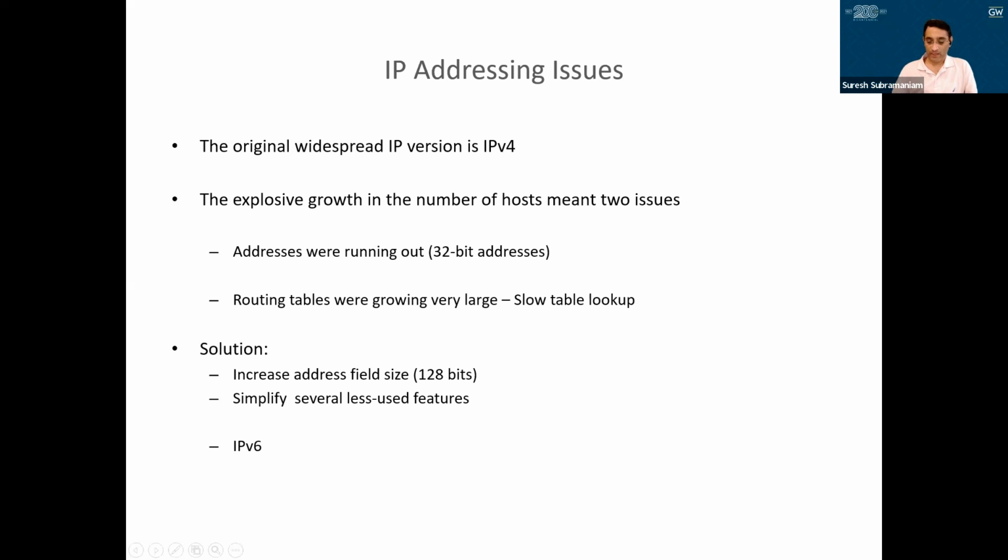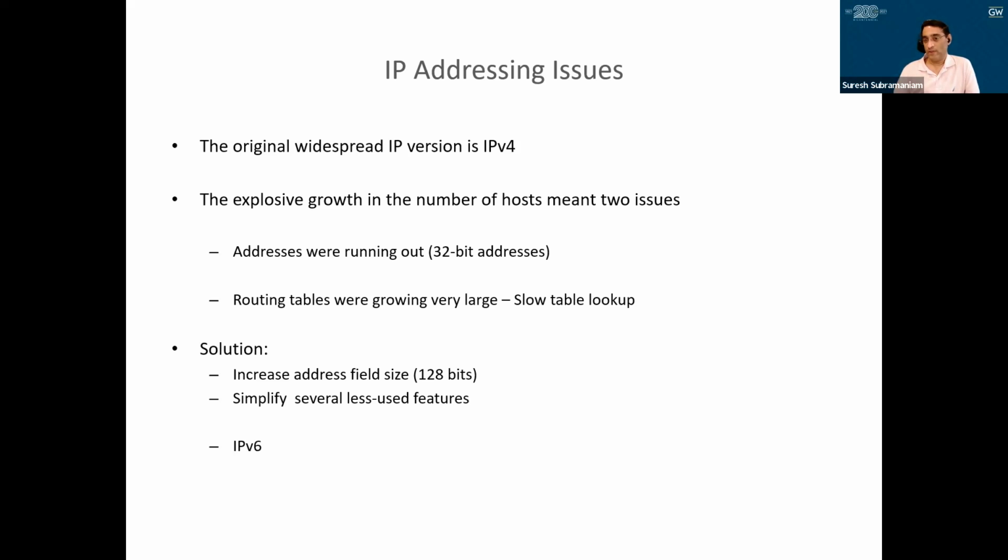But in the mid-90s, it was becoming apparent that we're going to run out of addresses, because we have 32 bits per address. If you use 32 bits as a flat address space, then you can address 2 to the 32 devices, from all zeros to all ones. 2 to the 32 is approximately 4 billion.